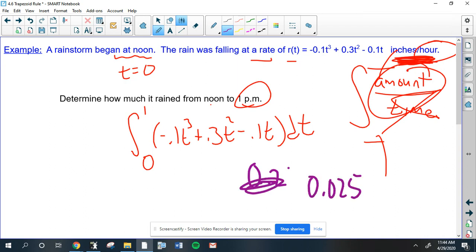And that would be the amount, which is in inches. So that's pretty easy.